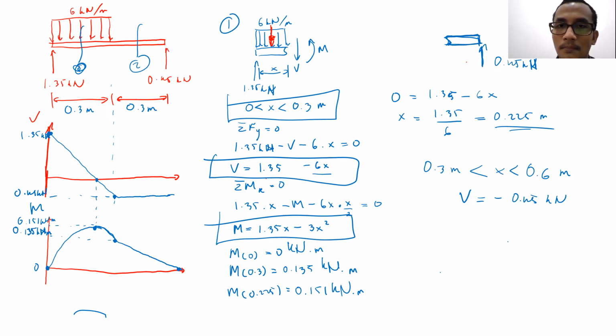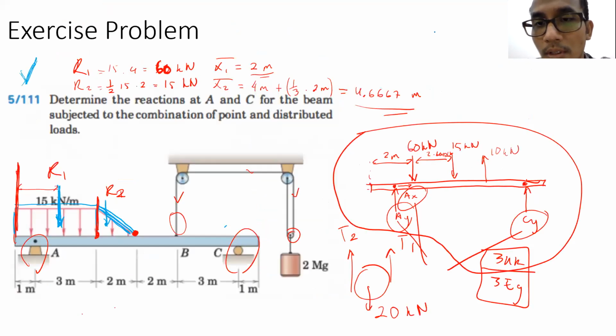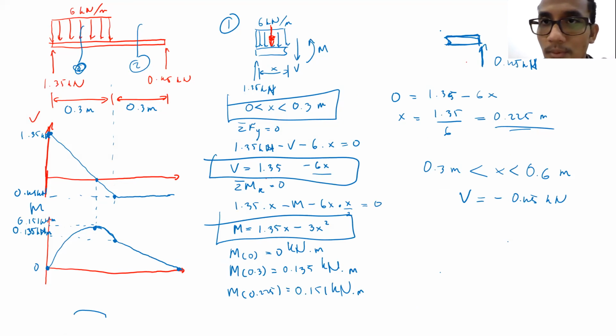The shear and the moment. The positive shear is supposed to be going which direction here? Clockwise. So it's upwards or downwards? The shear is upwards. How about the moment? The moment is clockwise.